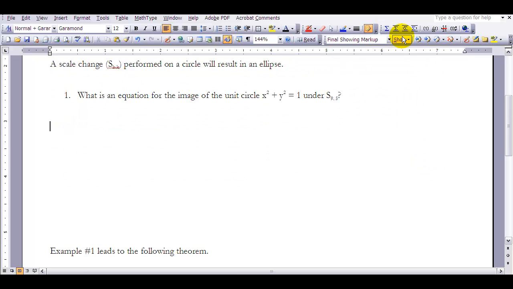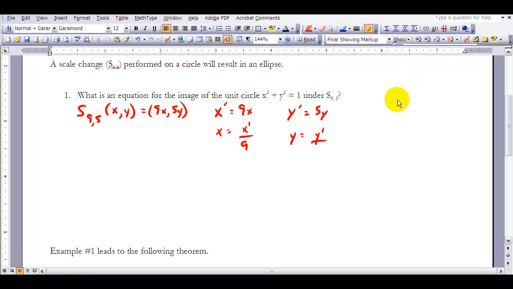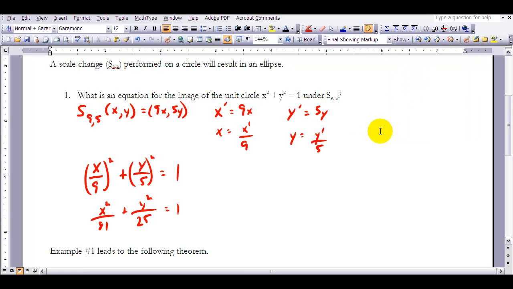Okay? So I'm just going to show what I've done on that problem. So if I do a scale change of 9, 5 on any point (x, y), it becomes (9x, 5y). Okay, so if I have the point (1, 1), it would go to the point (9, 5). If I have the point (0, 2), it would go to (0, 10).